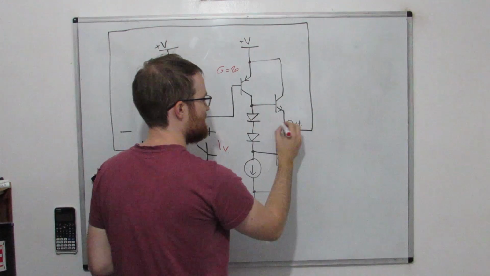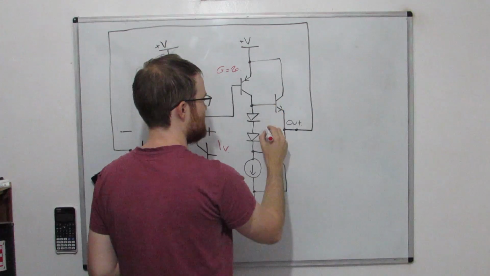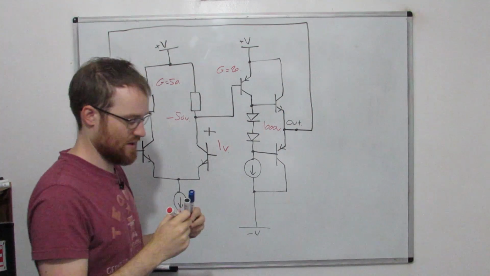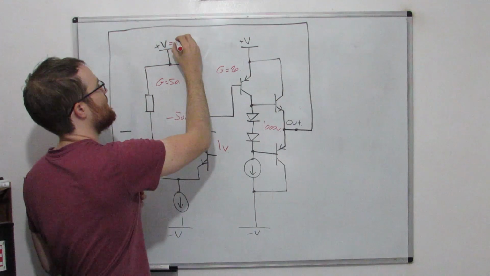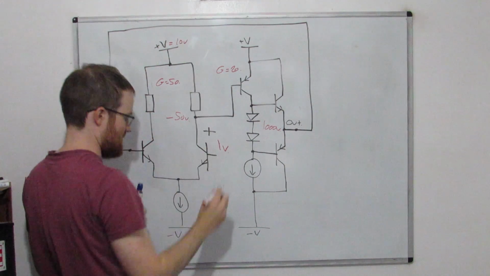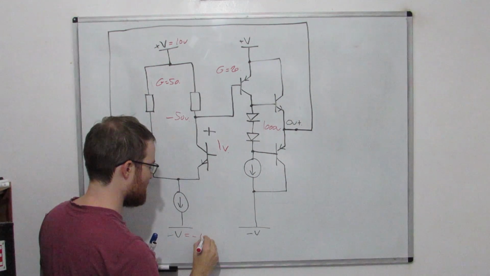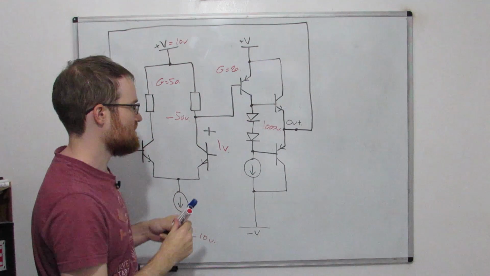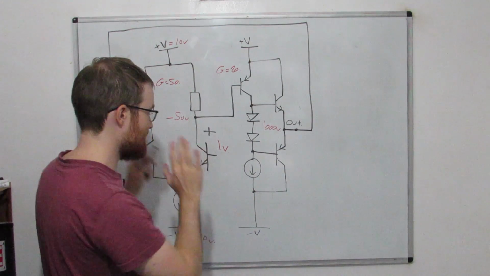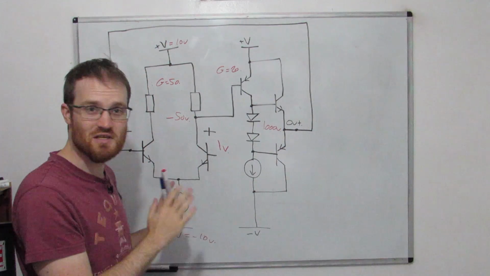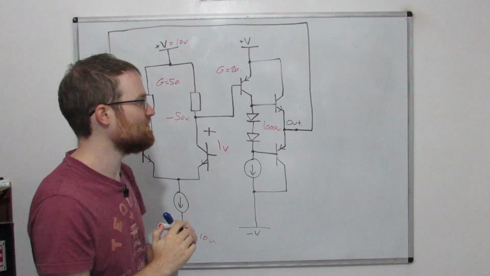So the output is going to try to go to 1000. Obviously the output is not going to be able to go to 1000 volts because let's say we've got a power supply of 10 volts and our negative power supply is minus 10 volts. So it's going to get limited at 10 volts, but let's just imagine these unlimited voltages for now because it paints a better picture of what's going on.